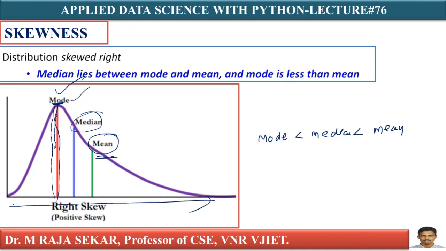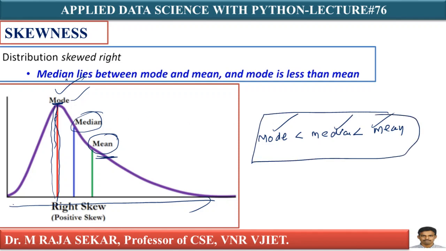Therefore, the median is to the right of the mode, meaning mode is less than median. The mean is to the right of the median, meaning median is less than mean. Sometimes people may get confused, because the mode's frequency is high, but the numerical value of mode is less than median, and median is less than mean. You must understand, for a right skewed distribution, what the relation is.